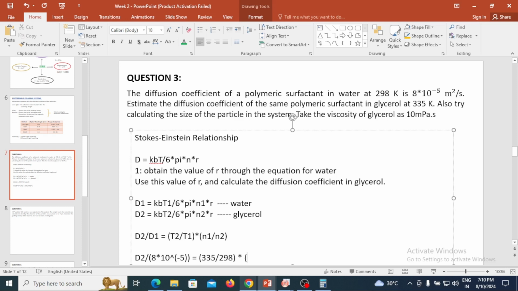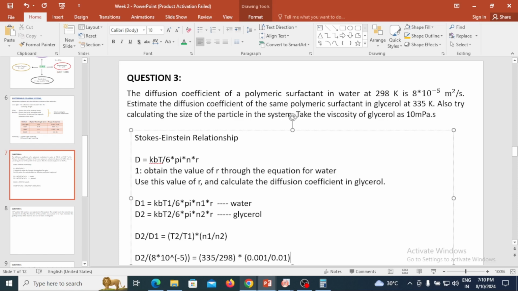It is 1 centipoise, so that is 0.001, and viscosity of glycerol is given as 10 millipascal second, so 10 into 10 to the power minus 3, so 10 to the power minus 2, so 0.01.